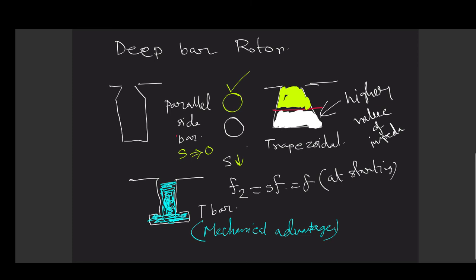So using skin effect, we can use this deep bar rotor, and another variation is the double cage rotor. Both use the same thing, that the lower part offers high frequency, meaning higher impedance, and thereby we can have this kind of advantage. In a double cage rotor, sometimes we intentionally use a high resistance conductor here.